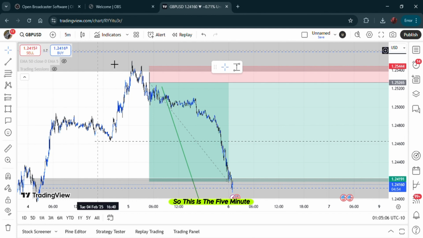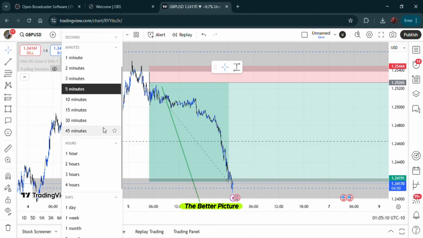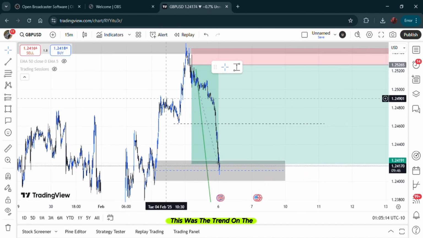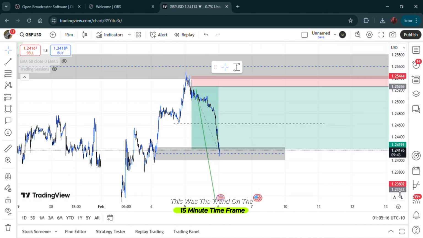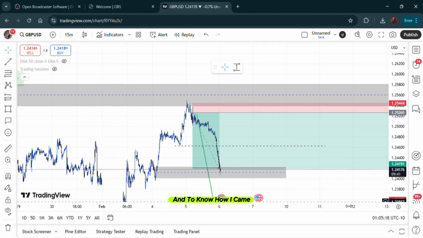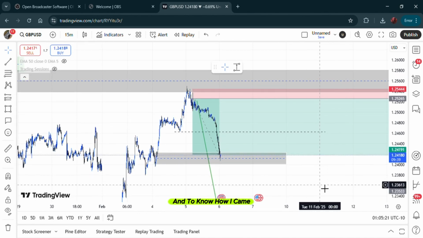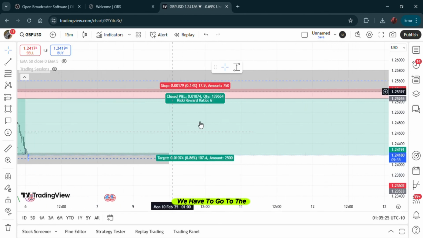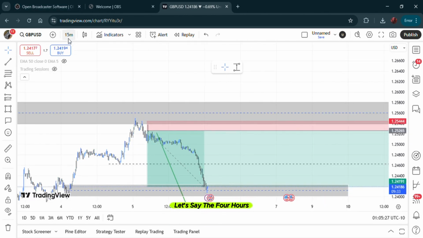So this is the 5-minute time frame, and for us to see the better picture, let's go to the 15-minute time frame. So you see this was the trade on the 15-minute time frame, and to know how I came to this trade, we have to go to the higher time frame, let's say the 4 hours.